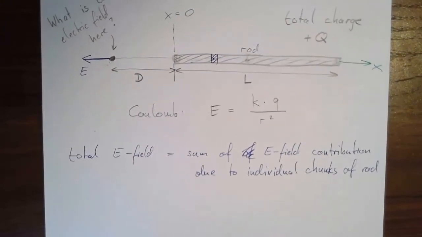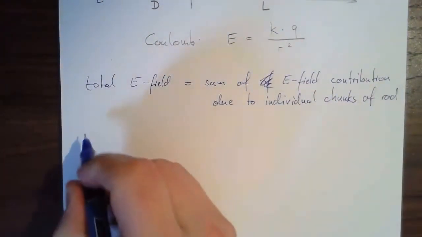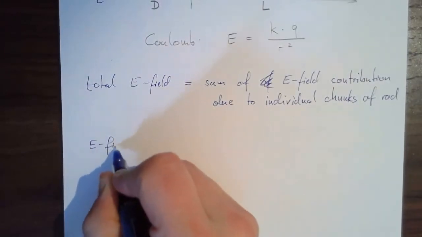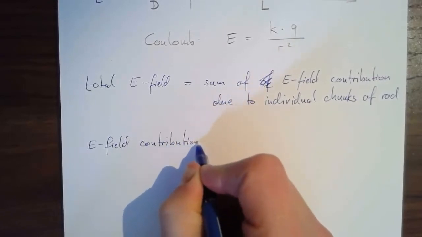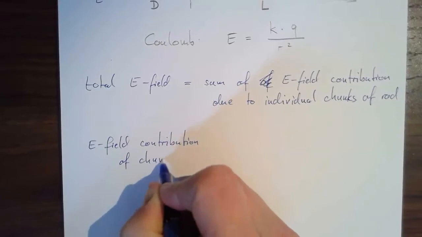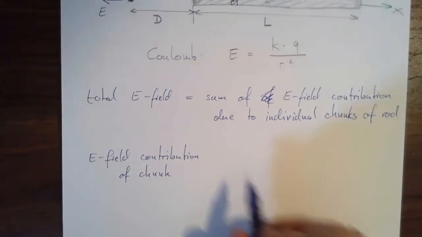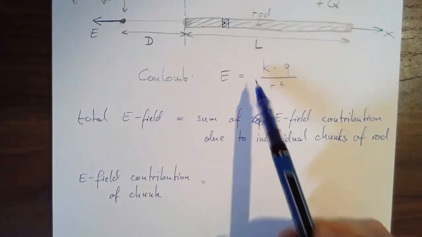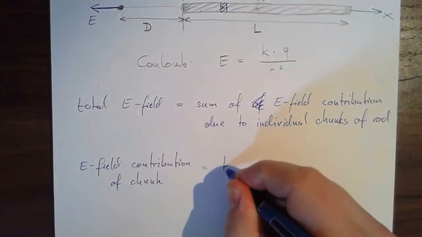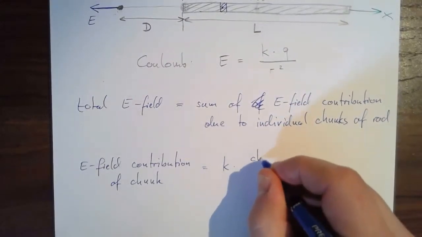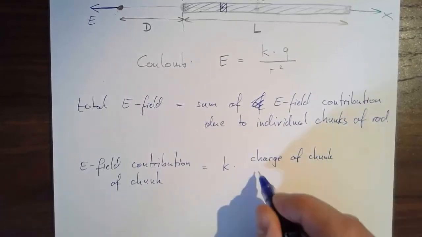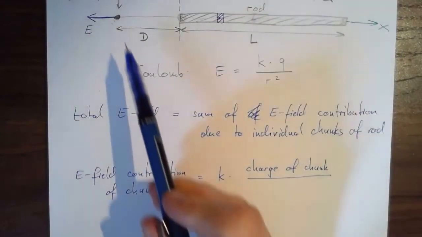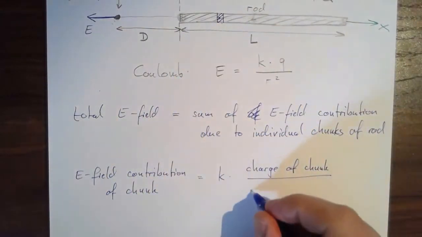So let's figure out what's the electric field due to that tiny chunk. The E field contribution of the tiny chunk: let's apply Coulomb's Law for electric fields. It's going to be k times the charge of the chunk divided by the distance of my point to the chunk, squared.